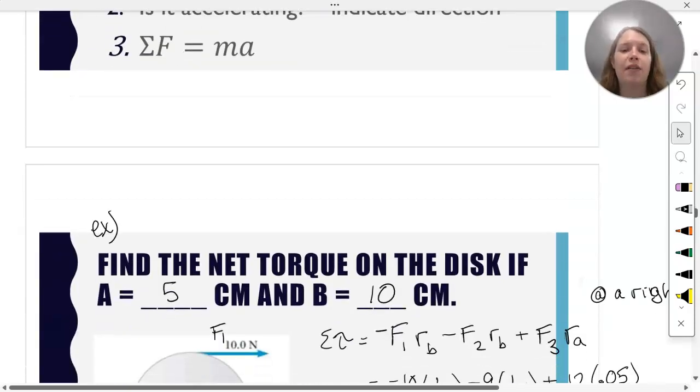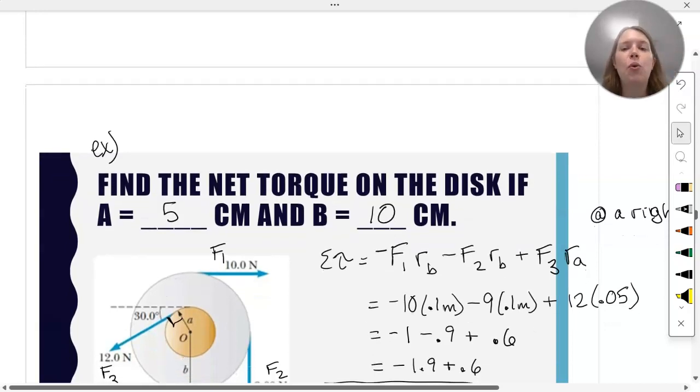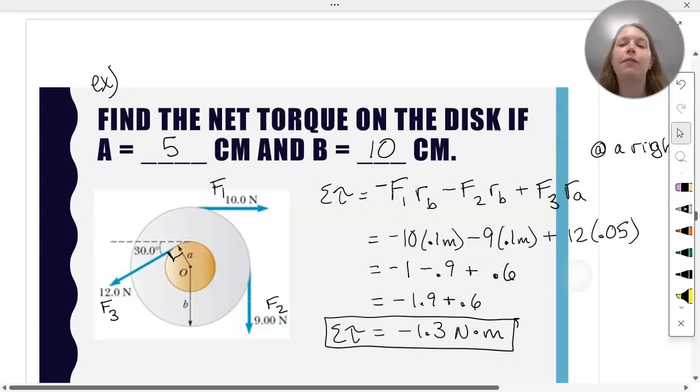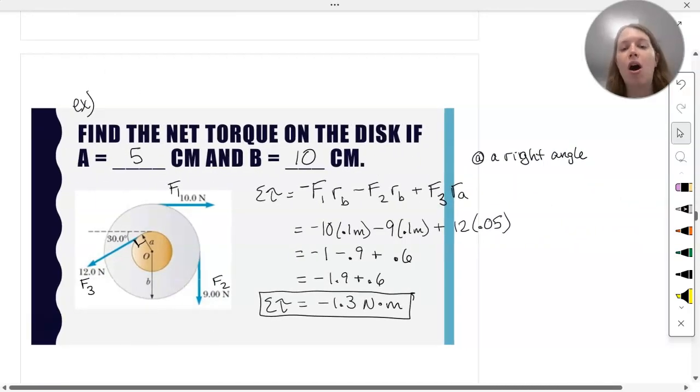Let's just remind ourselves that torque is also Fr, so we can find the net torque on a disk if we have forces acting at different radii from the disk. I've already done this with the class. You can pause this and try it, or just listen as I talk through it.